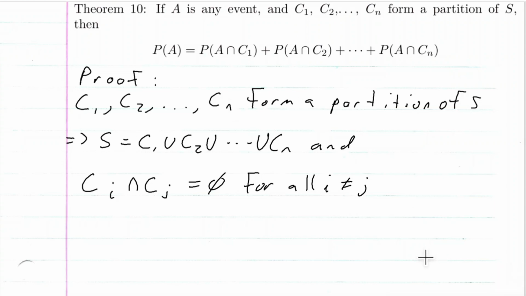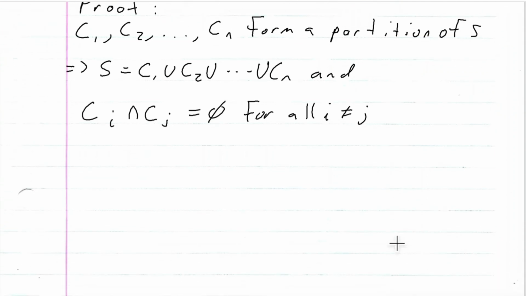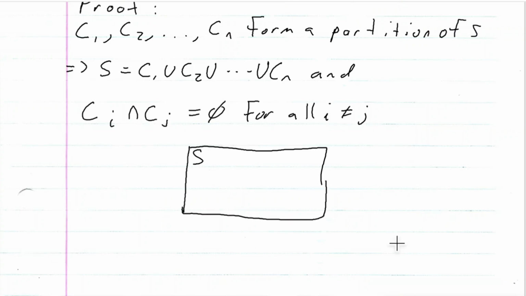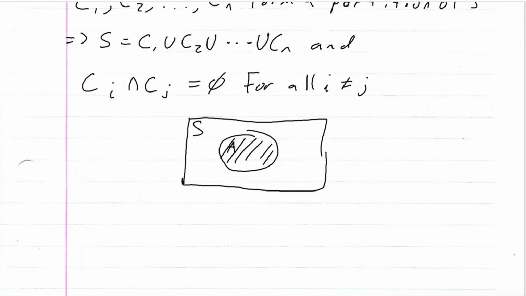Okay, so now let me go ahead and draw a picture to sort of illustrate the point that I'm going to make next. So we have S and we have A, right? So what I'm going to say in my next part of my proof is that A is equal to A intersection S. I think that is pretty intuitive based off the picture, right?